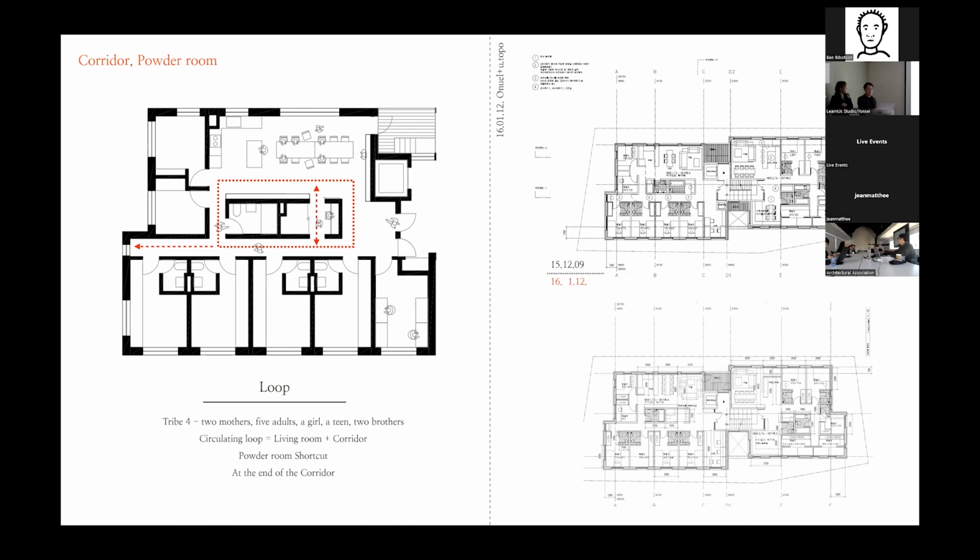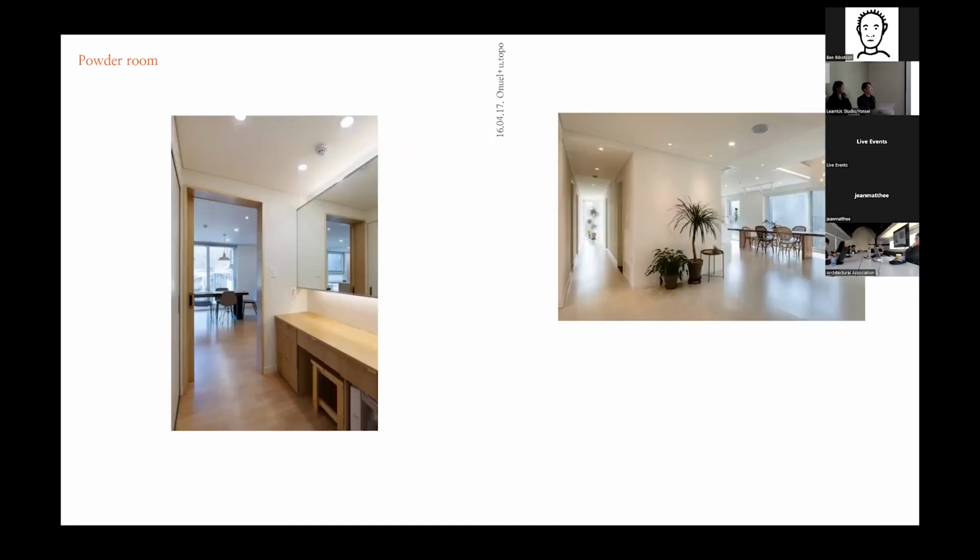And also the end of the corridor was closed at the beginning to give more room to one bedroom. But again, it was decided to open it at the end of the process. So this is the photograph of the end of the corridor and also the circulation around the powder room.